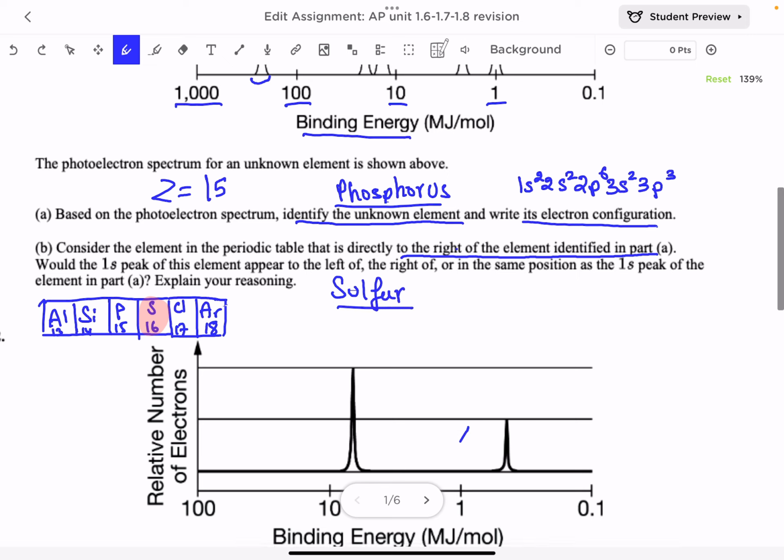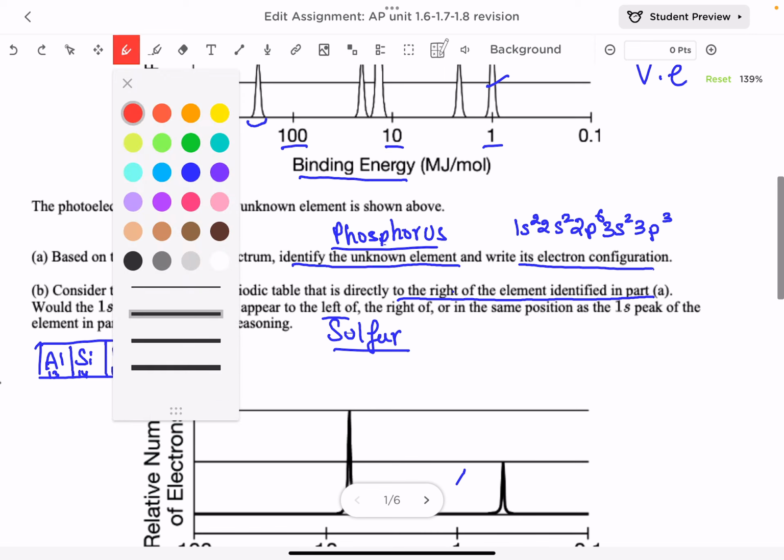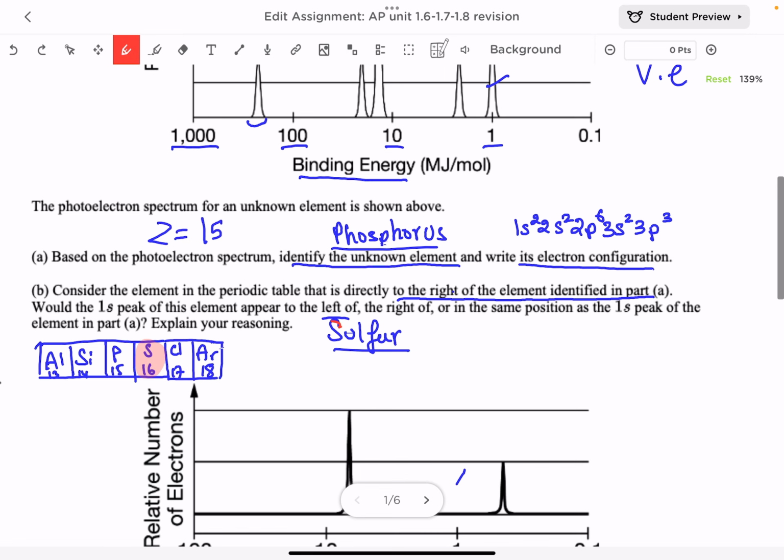Okay, so would the 1s peak of the element appear to the left or right or in the same position of the 1s peak of the element in part A? Let me change the color and show the peak of sulfur with red.